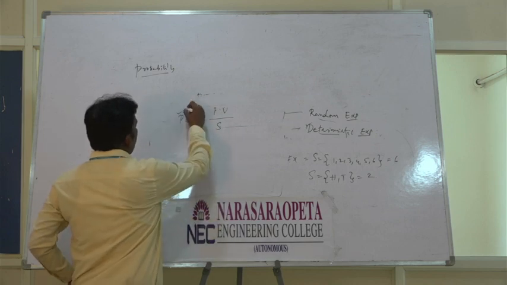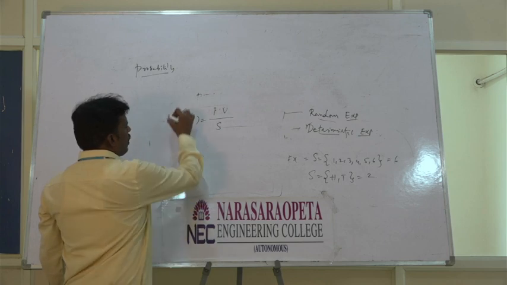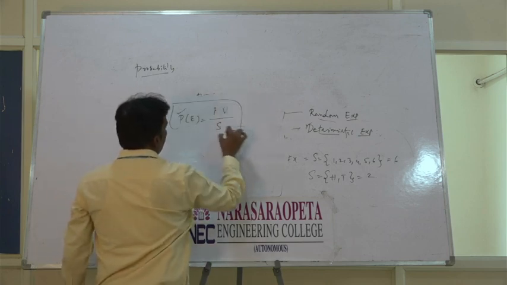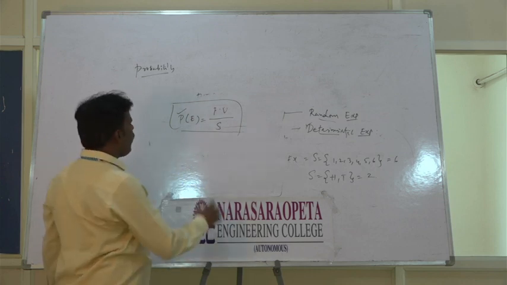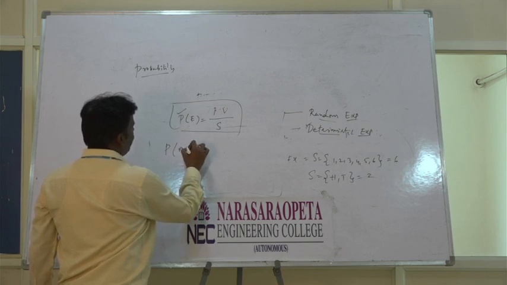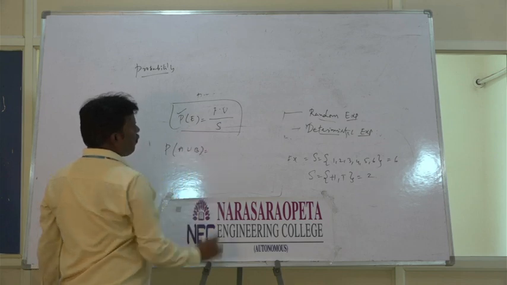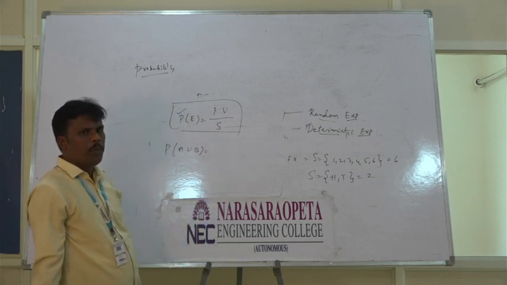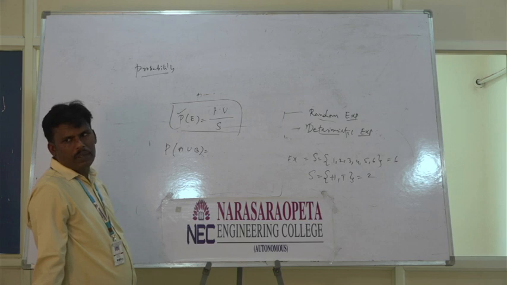In probability, there are different categories. One is the individual probability. The second one is the joint probability. P of A union B is called joint probability. Here A is one event, B is another event.